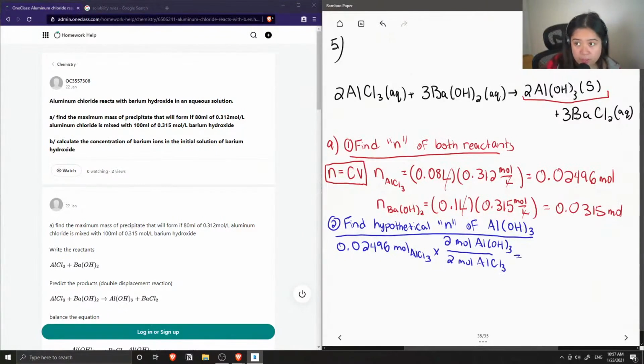I know this because these are the coefficients of my balanced reaction. So basically, they react 1 to 1, and I'll have the exact same number of moles formed of my precipitate.